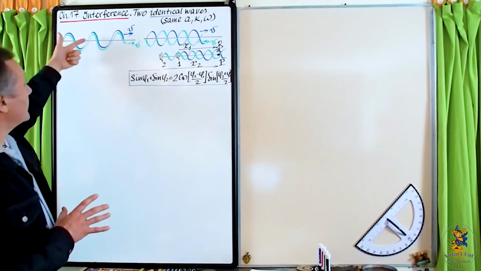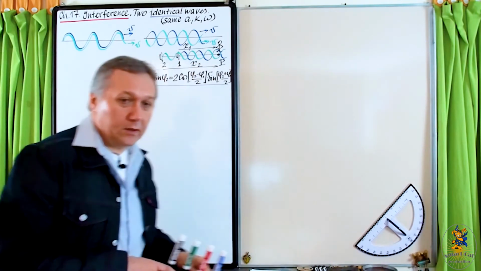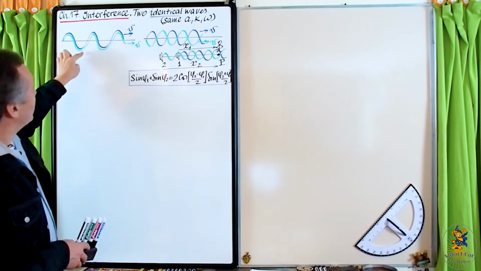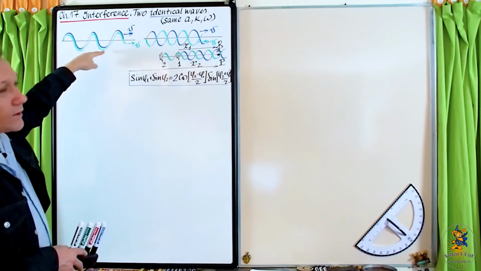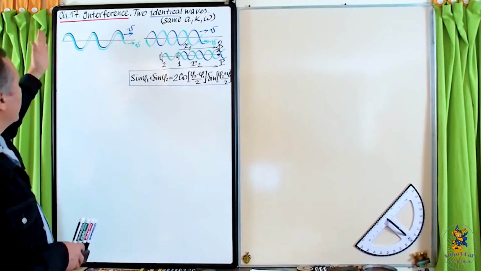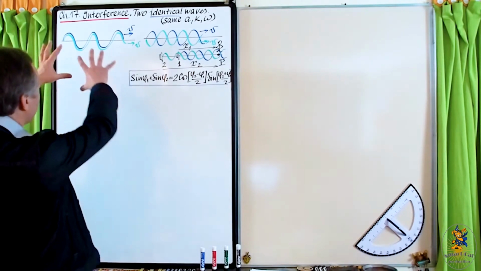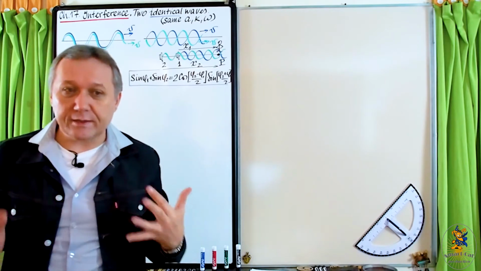In this case, what will be the resultant wave? You see, we have crest over crest, green trough over blue trough, and again crest over crest, trough over trough, and they travel with the same speed that way. So this overlapping configuration is going to be there all the time.